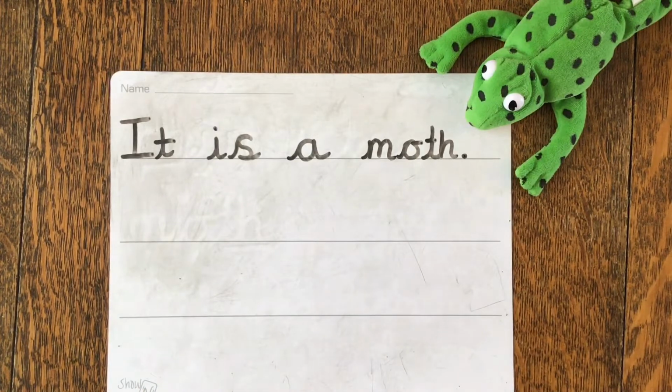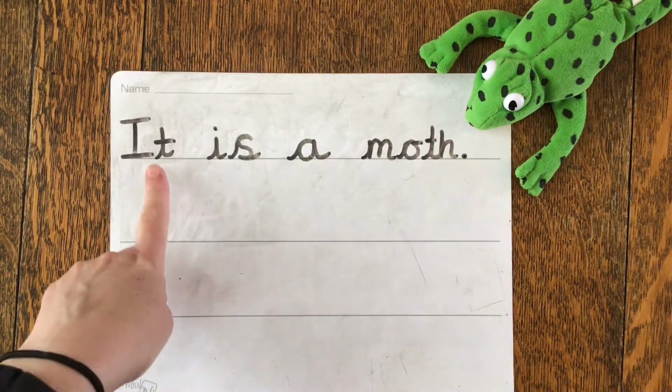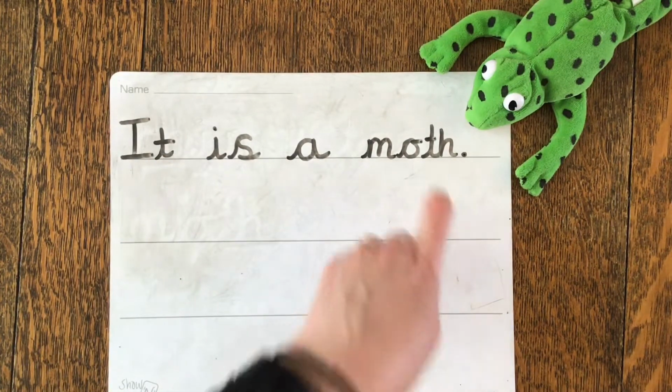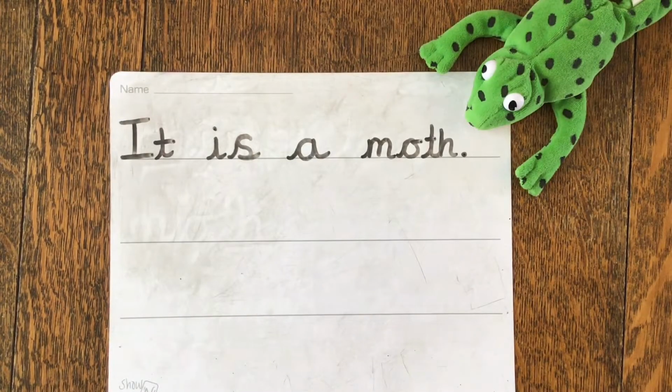That tells everybody we've finished our sentence. Let's reread it one more time. It is a moth. Now it's time for you to have a go at writing the sentence, it is a moth. And I also challenge you to think of your own sentence using a word that has the th digraph in it. Have fun writing.